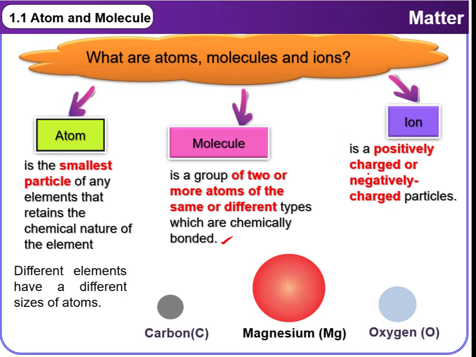It is a positively charged or negatively charged particle, which forms from a neutral atom, such as magnesium atom here. When the magnesium neutral atom loses 2 electrons, it will form magnesium 2 plus ion. So it will form a positively charged ion. Okay, so different elements will have different sizes of atoms. Magnesium will be bigger than carbon.